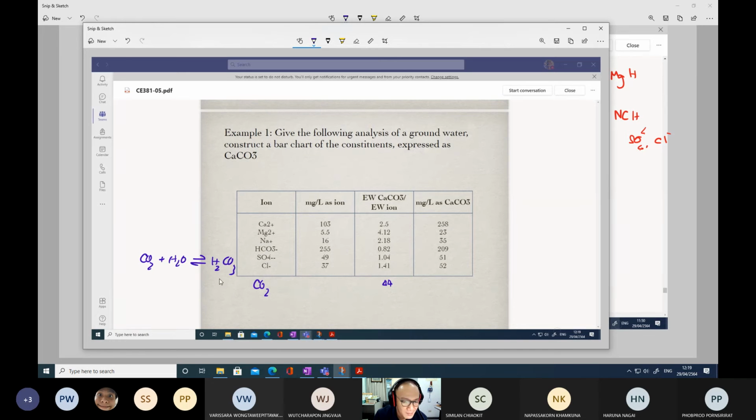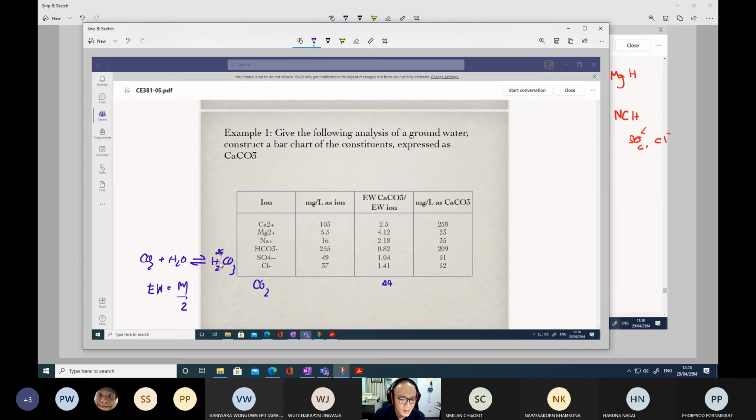This is carbonic acid. This carbonic acid can actually donate two protons, so if we want to determine the equivalent weight of carbon dioxide, this will always be equal to the molecular weight divided by 2.